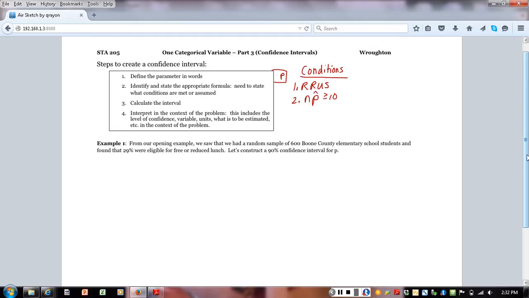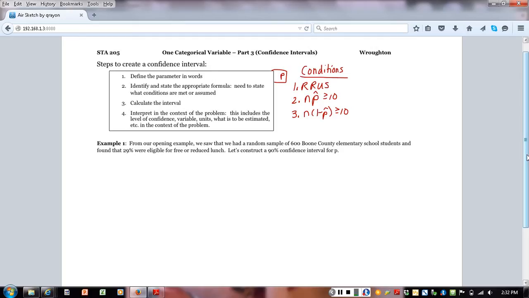Why p hat? We don't know p, so we can't use p. Next best thing we got is p hat. And in the same manner, your third condition will have n times 1 minus p hat. That also will have to be at least 10. Your next step is to calculate your interval, which is generally where students want to start on this, so notice that at step 3. And last but not least, of course, is going to be an interpretation.